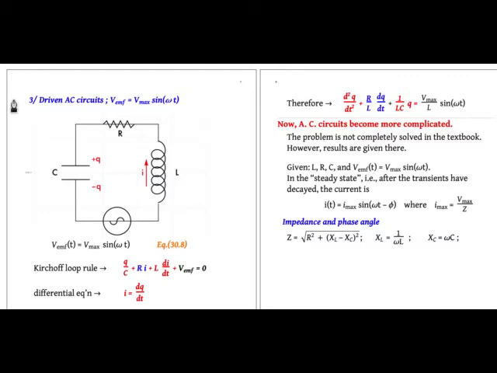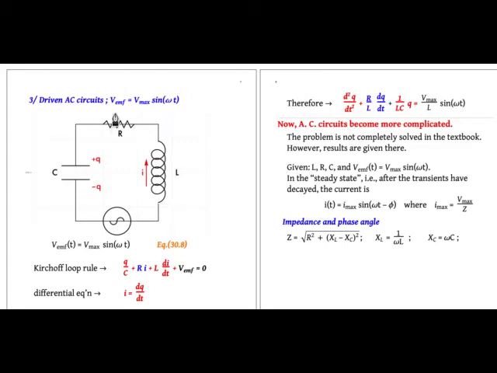Okay, now point number 3 is the driven LC circuit, or driven AC circuits. This is a separate section in the chapter on AC circuits. In addition to capacitance, resistance, and inductance, there's also an EMF, which is alternating in time.